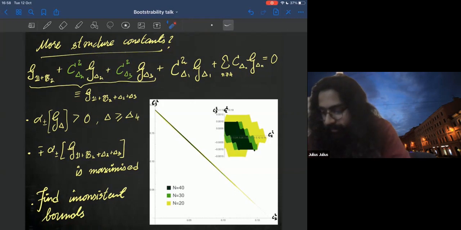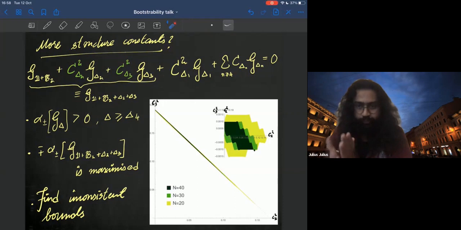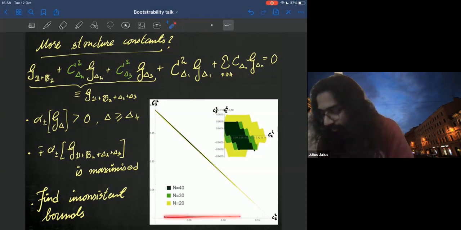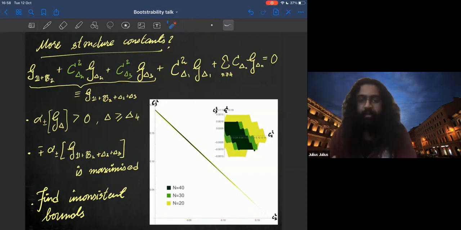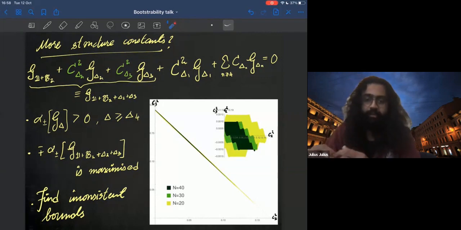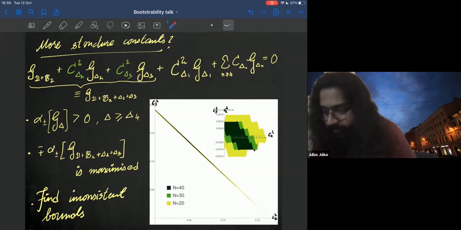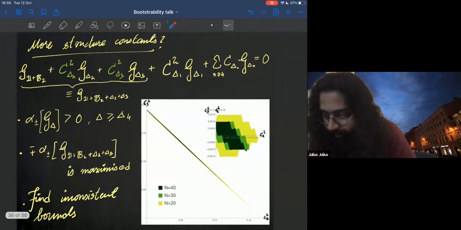We were able to restrict the space of allowed values of C2 and C3 quite well, but we were not able to resolve between C2 and C3. This is a plot of C2 square and C3 square. Nevertheless, these were just some experiments which we did.